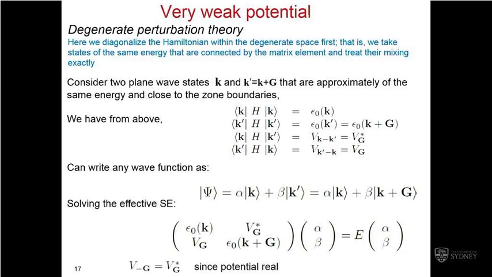So in the presence of a weak potential at the zone boundaries, we get the opening of a gap. This working shows you how we get the opening of the band gap at the zone boundaries.